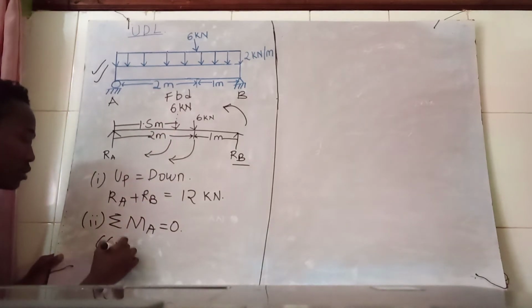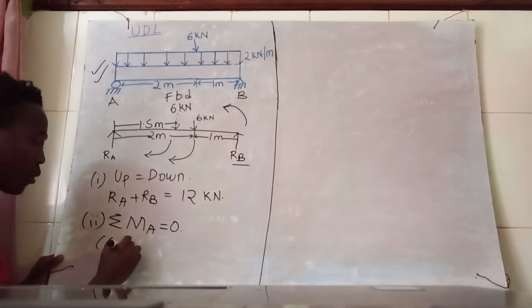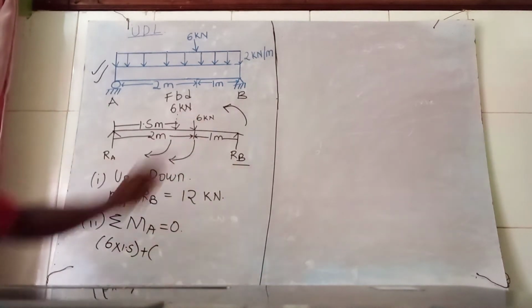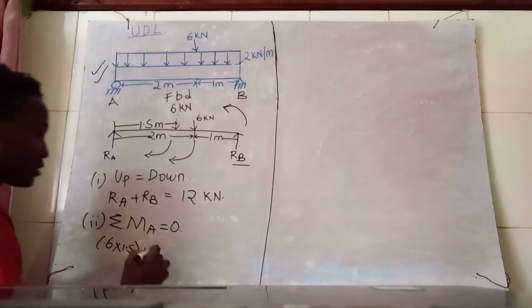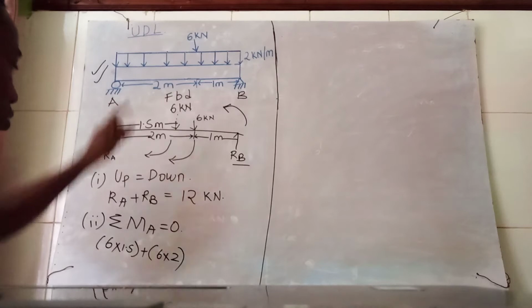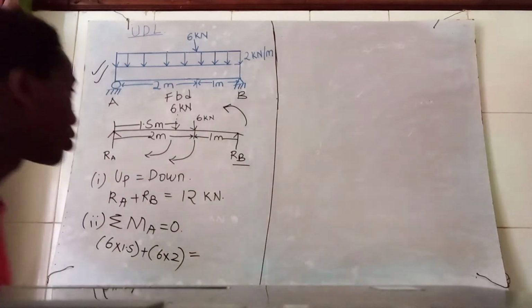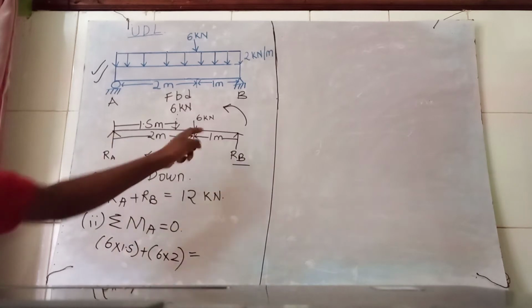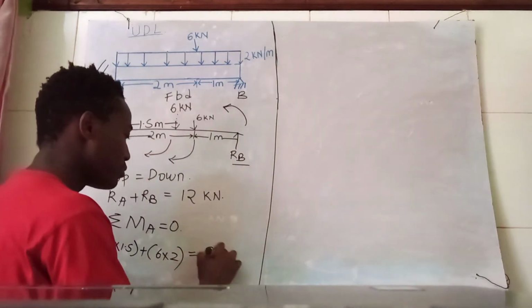Therefore, 6 multiplied by 1.5 plus 6 multiplied by that distance of 2 for the clockwise moment. For the anti-clockwise moment, RB times the entire length, that is 3.